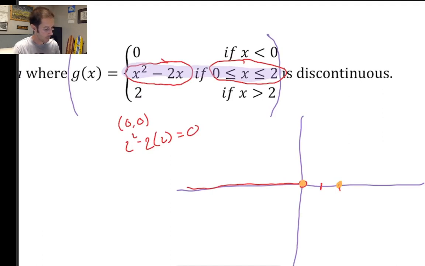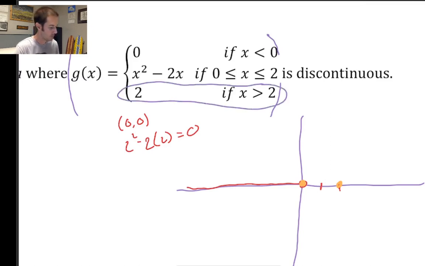My next question is, as we look at the third part of our piecewise function, is it going to link up with that second orange point that we just drew? So we're assuming that our parabola is continuous through here, and it is because it's a polynomial. But what about this next part here?